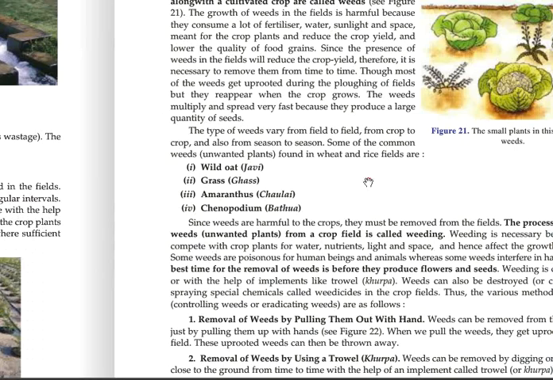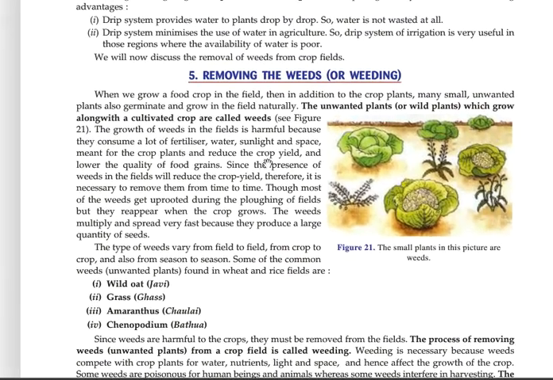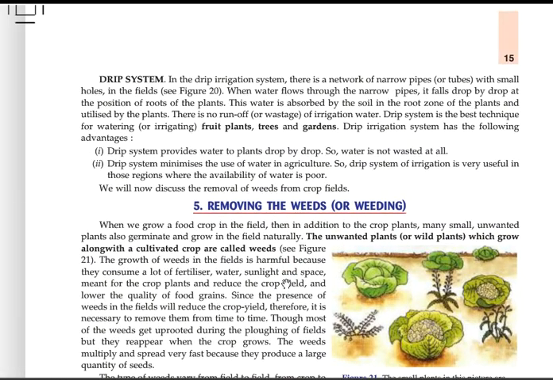There is no wastage of water in this type of system. It is the best technique for watering fruit plants, trees and gardens.